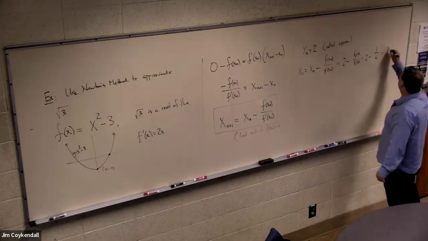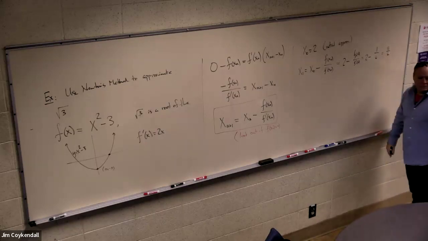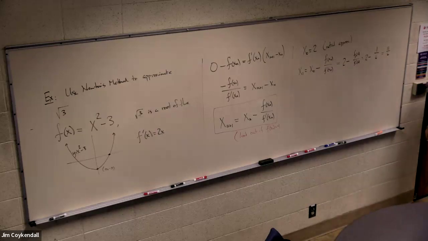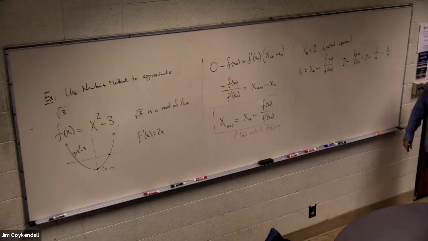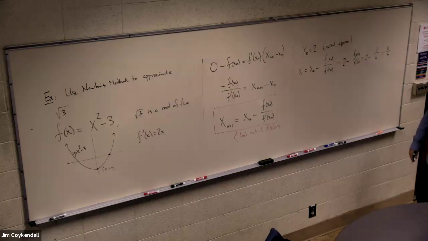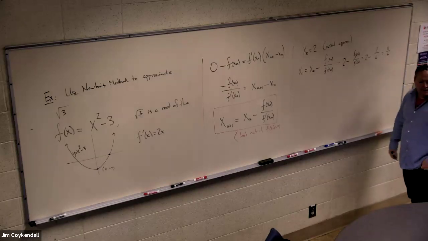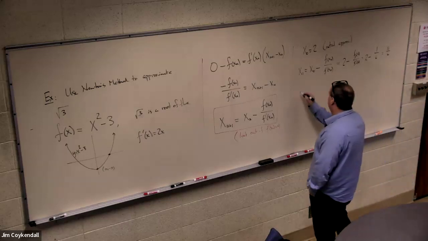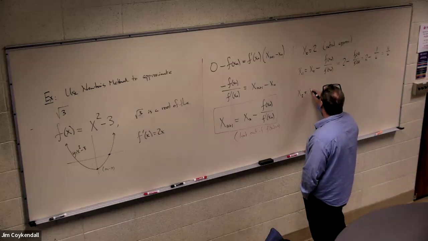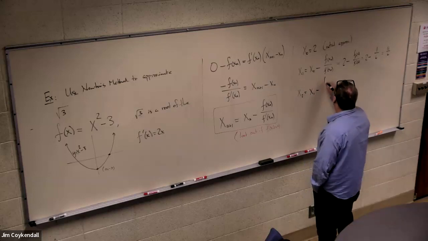So that's 11/6, about 1.8 something. So maybe I'm not happy with this, but you can just do it again. To do this by hand becomes more complicated, of course. But for a computer, this is easy peasy lemon squeezy.